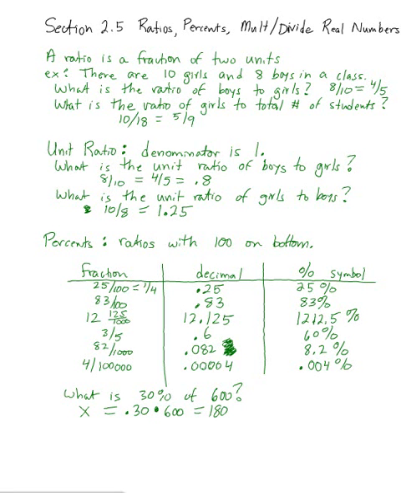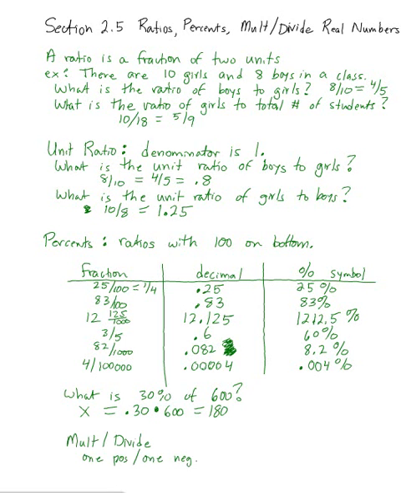The last thing in this section is multiplying and dividing real numbers. And what they're looking at there is dealing with positives and negatives. I'm not going to deal with two positives. I think you know how to multiply two positive numbers. I think you know how to divide two positive numbers. But let's look at the special cases, and my guess is you already know this too. What if I have one positive, one negative?